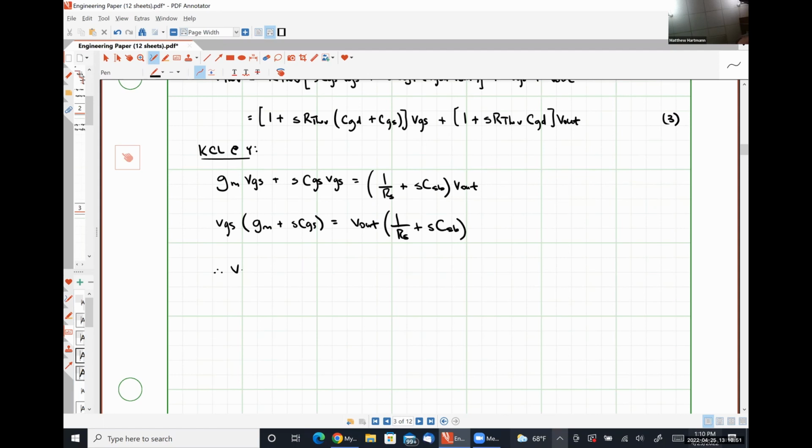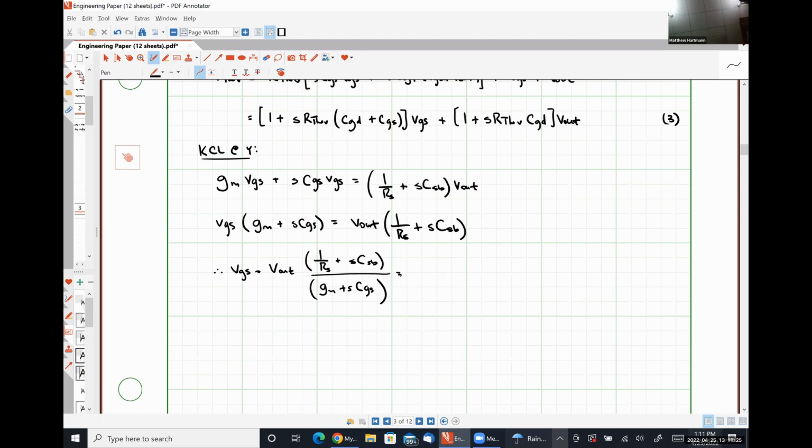And from here, I can then say that VGS is equal to V out times 1 over RS plus SCSB divided by GM plus S CGS.